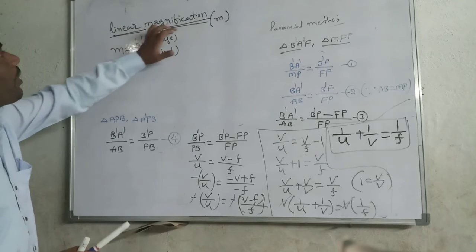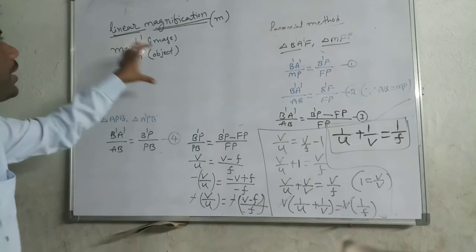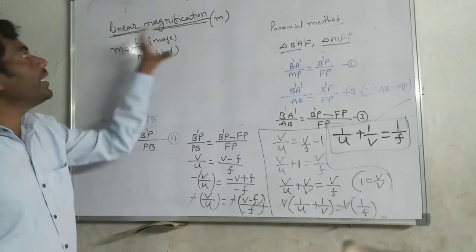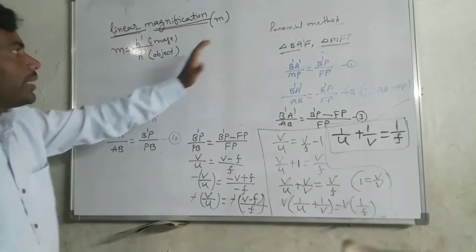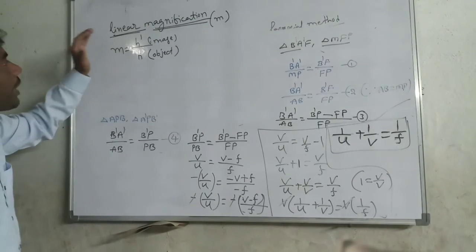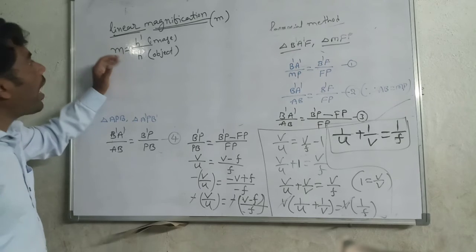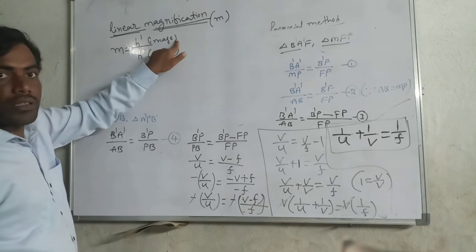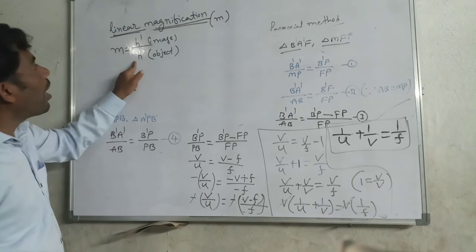What is linear magnification? It is defined as the ratio of the height of image by the height of object.